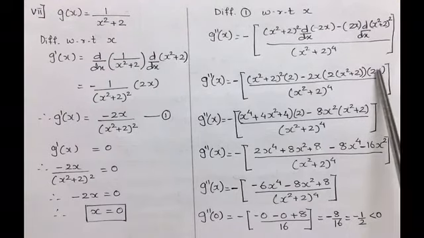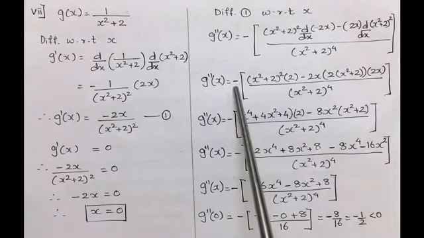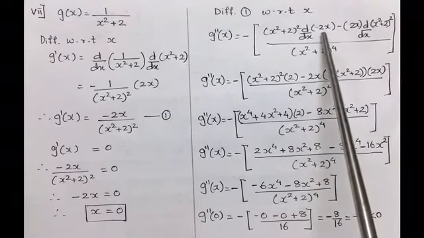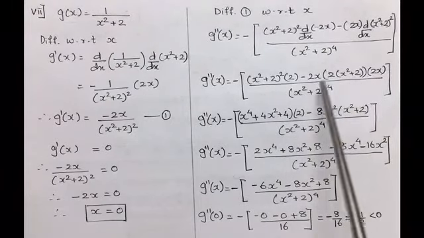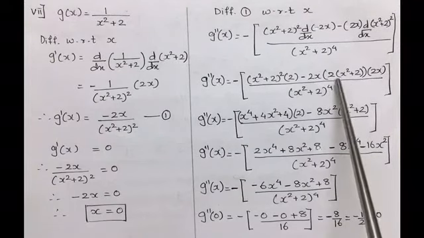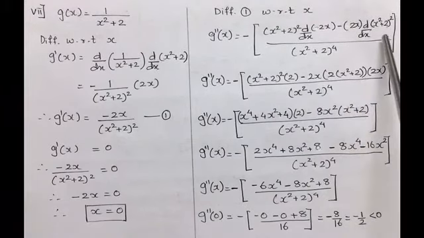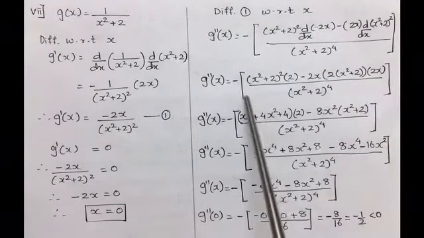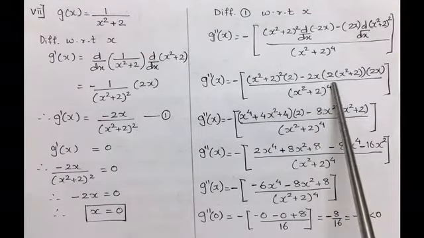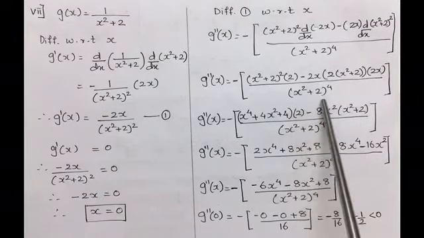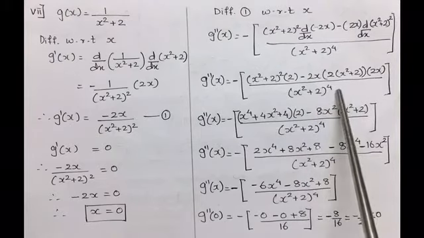So minus is kept as it is, x square plus 2 whole square as it is, derivative of 2x is 2, minus 2x, derivative of power here becomes 2 times x square plus 2, and derivative of x square plus 2 is 2x. This is a bit complicated statement, but very carefully take out the derivative of each and every term, whole divided by x square plus 2 raised to the power 4.